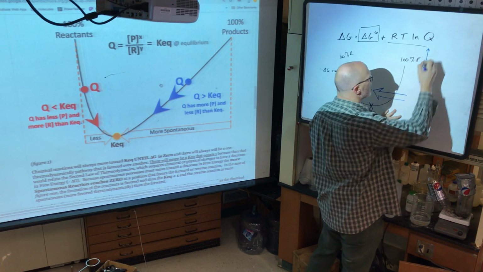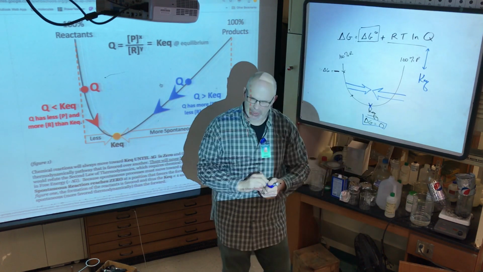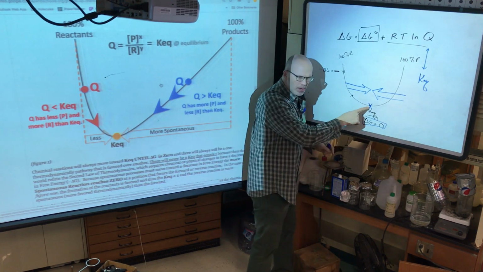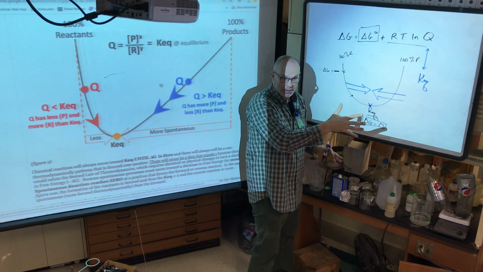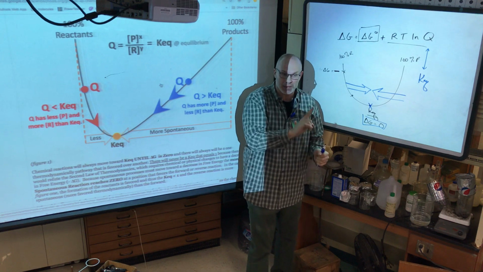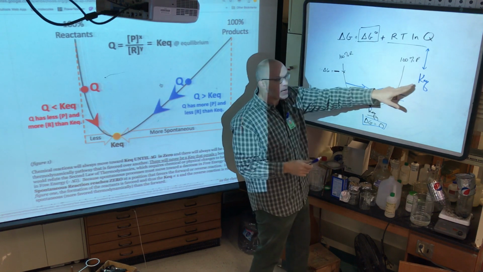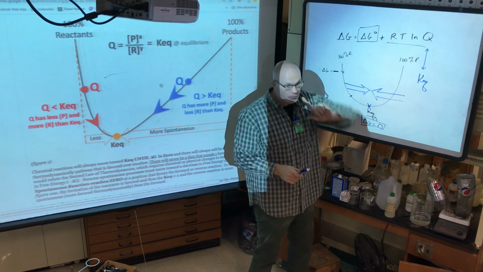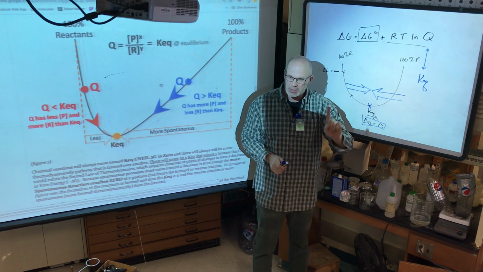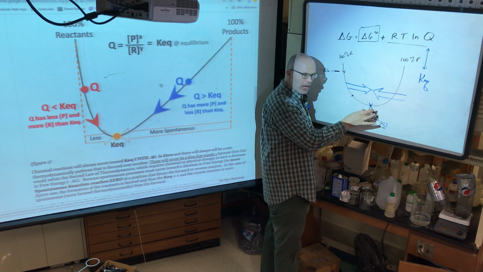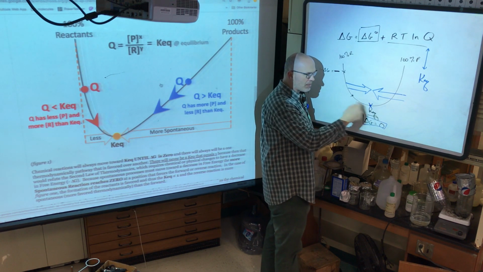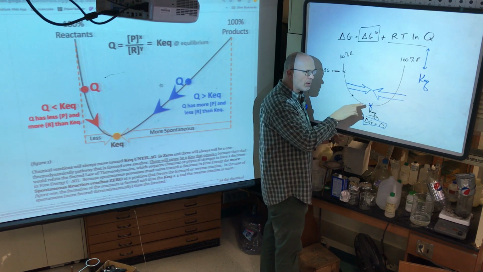So KEQ and Q are essentially the same, except the equilibrium constant, the position of how much reactants and products you have, is a special case of Q. It's a special case of Q when the reaction has gone and stopped or died. It doesn't mean that things aren't going on, but the forward equals the reverse.